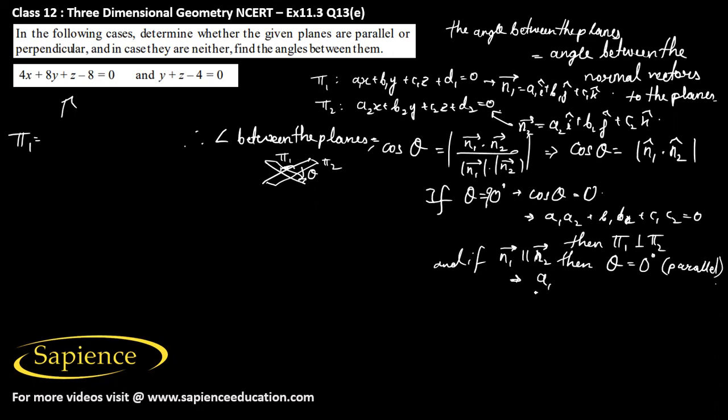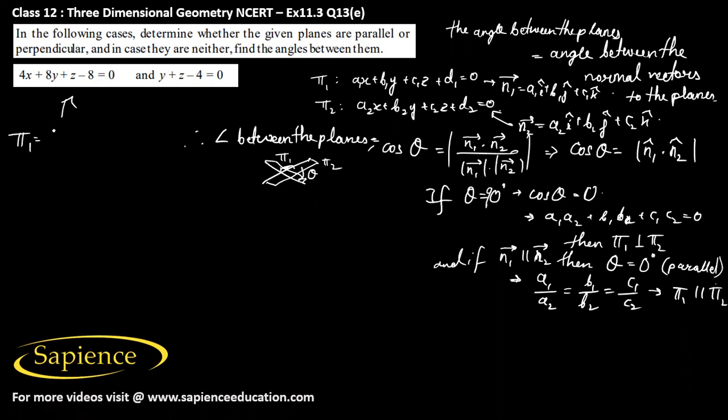So the direction ratios of the normal vectors to the two planes should be proportional, means a1 by a2 should be b1 by b2, that should be equal to c1 by c2. Then we will tell that the plane pi1 will be parallel to plane pi2.